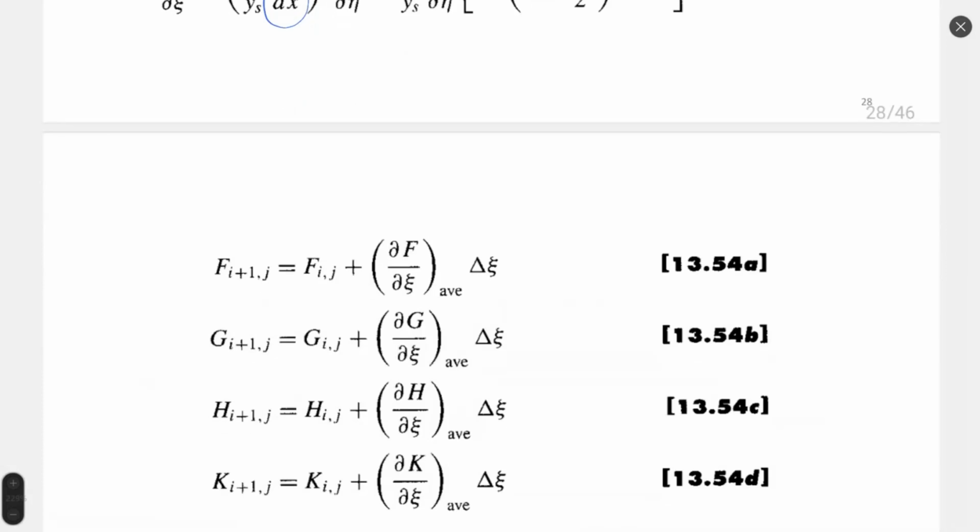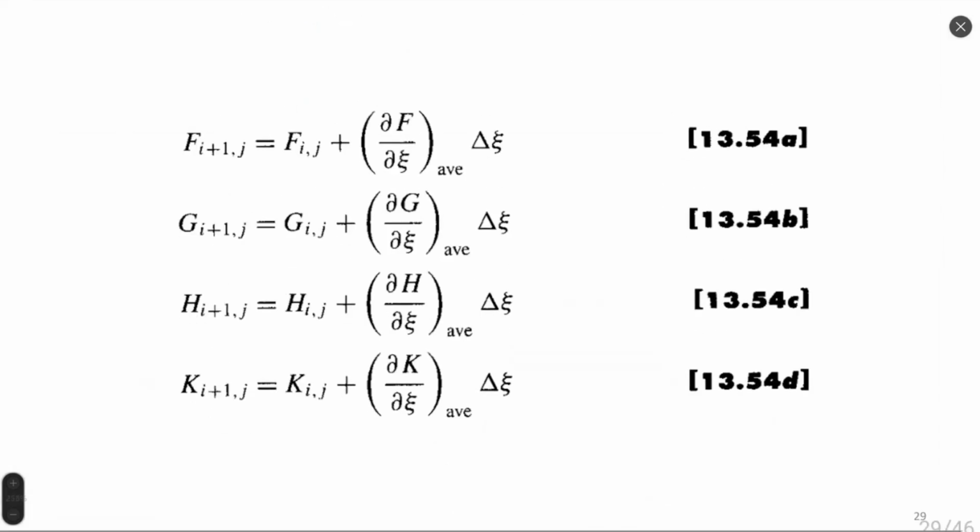And these right sides of equations can be found numerically in the way that on the previous step, we have just increment of flow parameters, right?